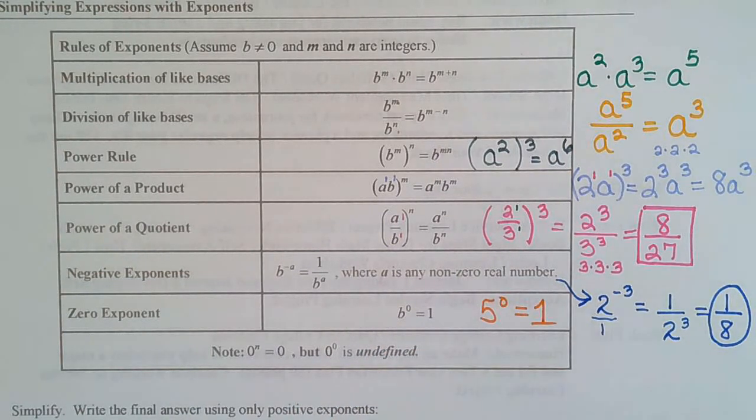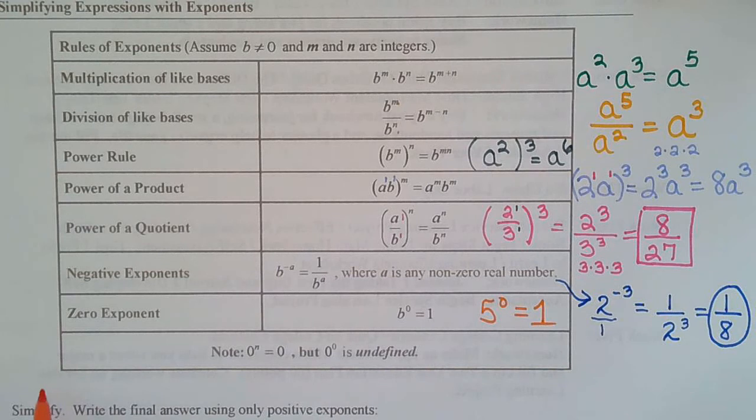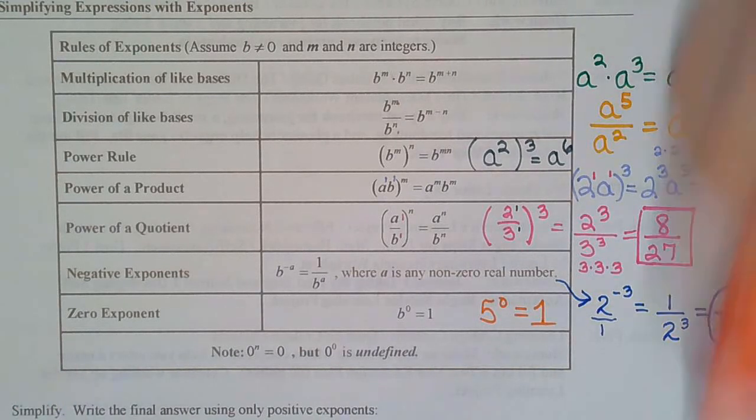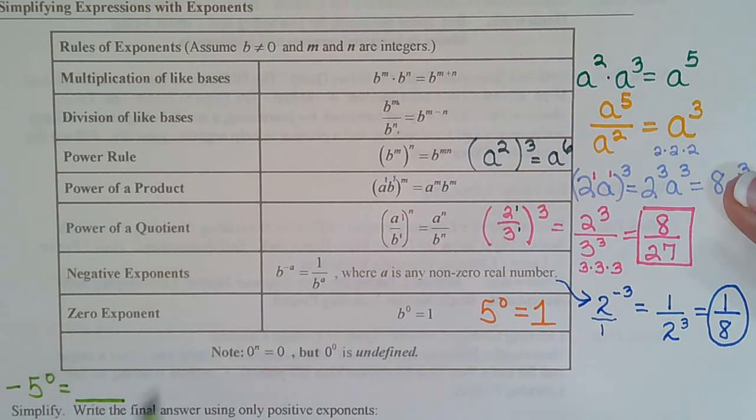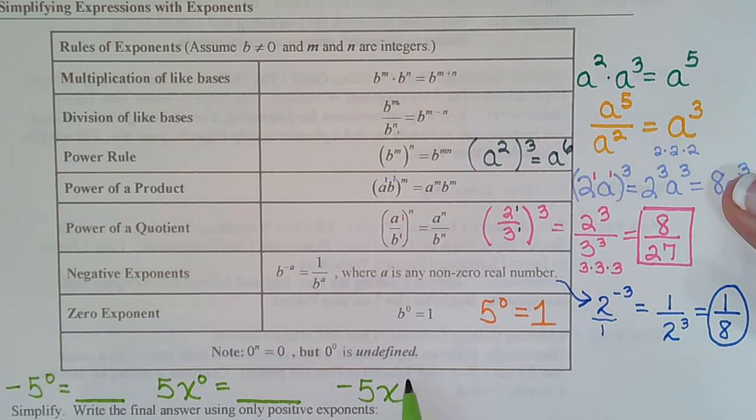But there's a lot of quirky ones for 0. So I'm going to put some down here. So let's just add some. Let's do negative 5 to the 0th. Let's do 5x to the 0th. Let's do negative 5x to the 0th.